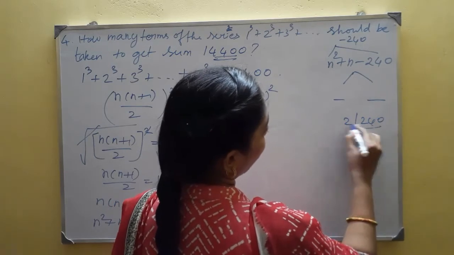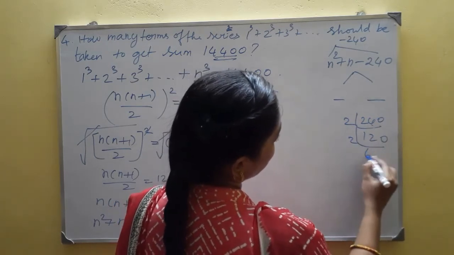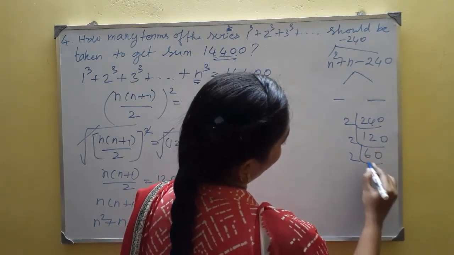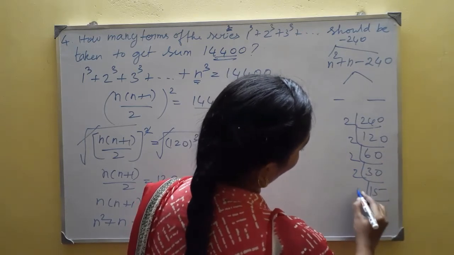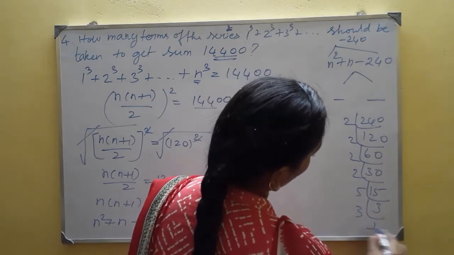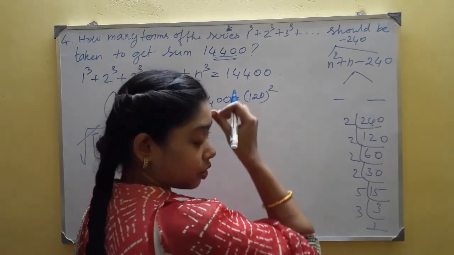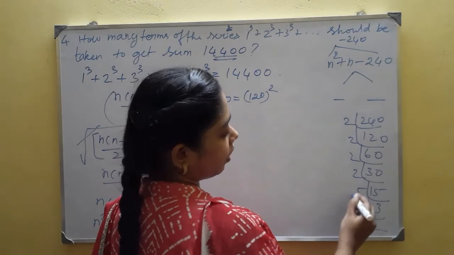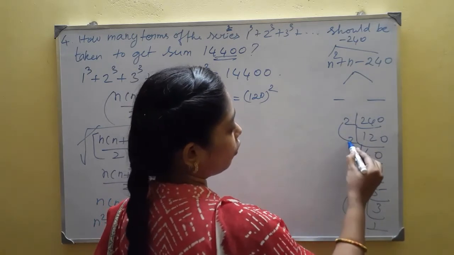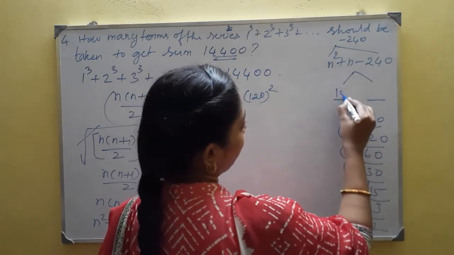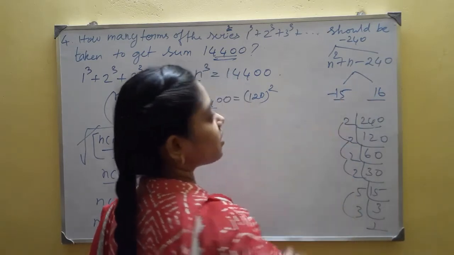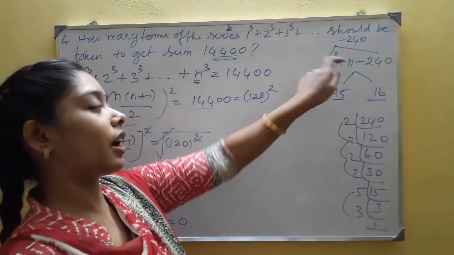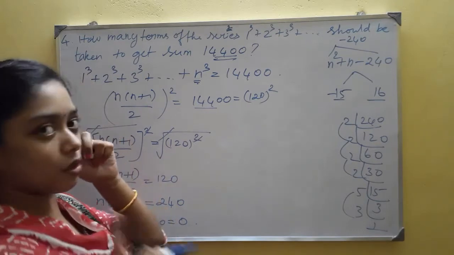So 240 is 2 times 120, 2 times 60, 2 times 30, 2 times 15, 5 times 3, 3 times 1. So you want to find some combinations. 2 2s are 4, 4 2s are 8, 8 2s are 16, 5 3s are 15. So 15 and 16. Give the negative sign to the smaller number because you have a positive sign here. 16 minus 15 gives you 1.